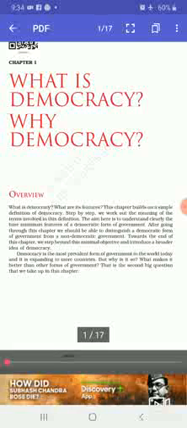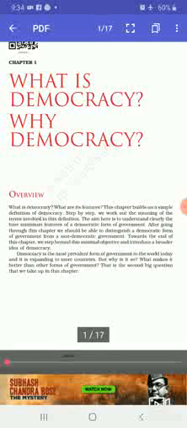So, what is there in the overview? In this chapter, we are going to learn about democracy. We will learn about the different types of definitions of democracy and why we define or understand democratic and non-democratic government.